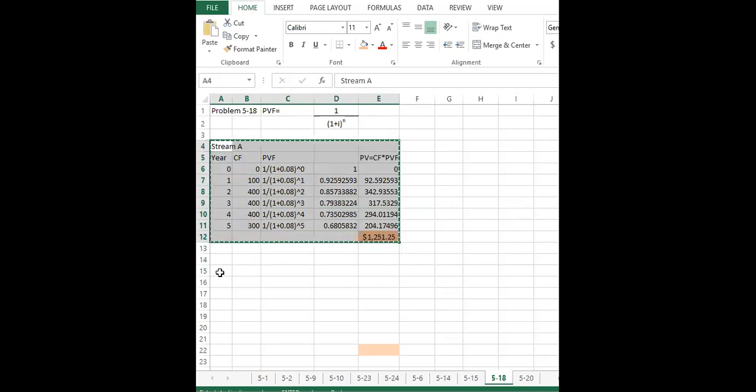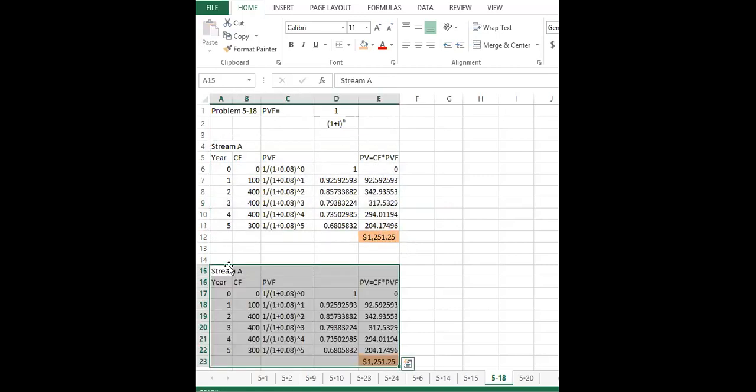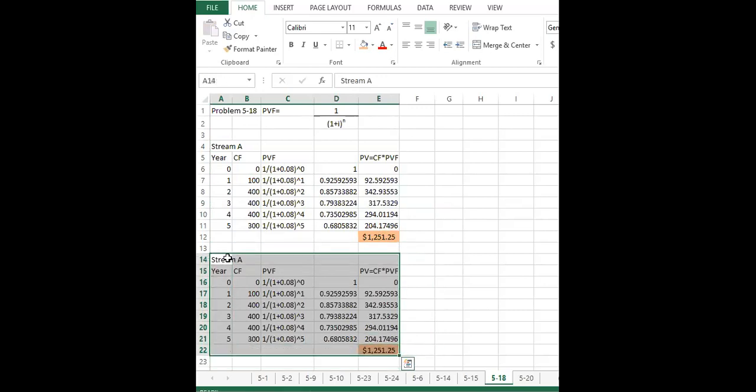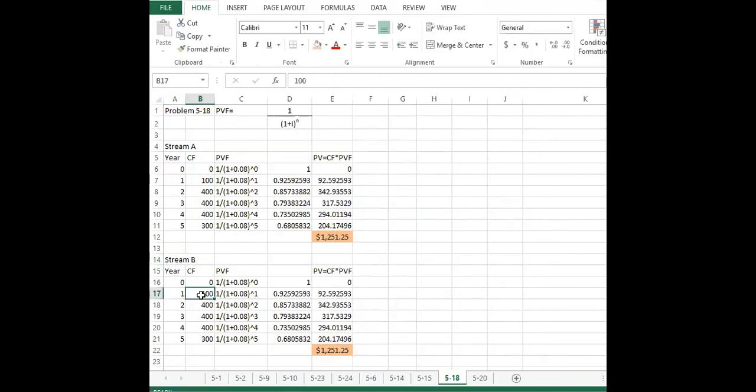The same method we are going to repeat for stream B. Okay, stream B. For stream B, we have $300 in year 1, 400, 400, and then 1 year.